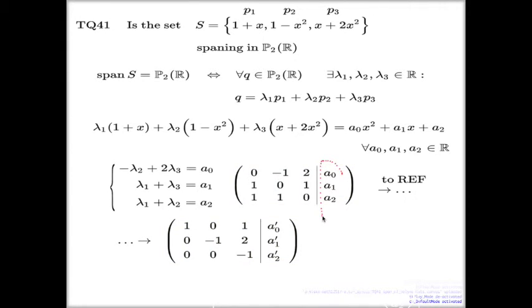But for the current question, it is irrelevant. What's relevant is the 3 pivots on the left-hand side. Having these 3 pivots is a sign that yes, S is indeed a spanning set for this P2R.